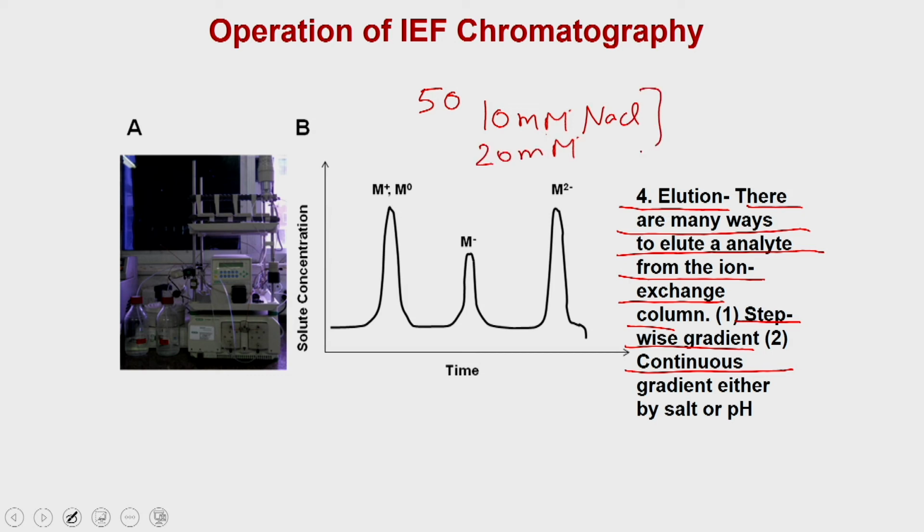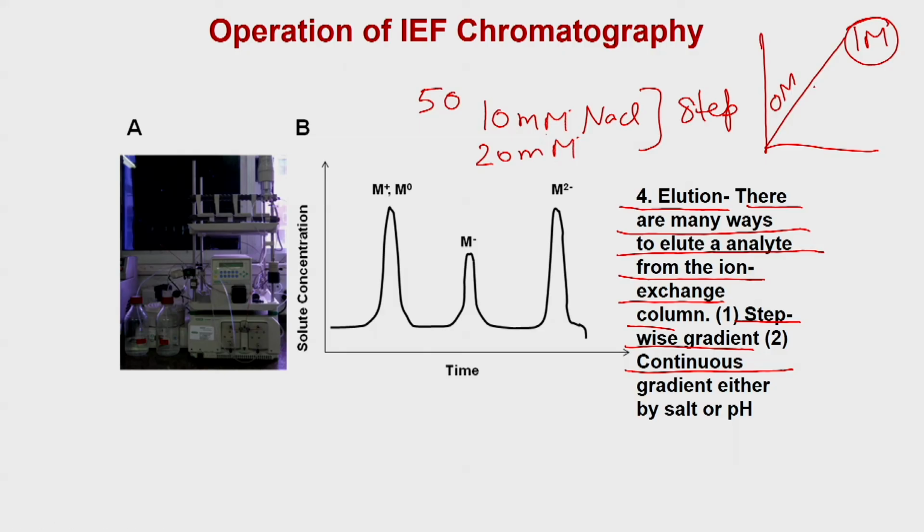Those are called step gradients, whereas in the linear gradient you make a gradient of NaCl starting from 0 molar to 1 molar. That is a linear gradient, and that will allow you to optimize at what NaCl concentration you can get the protein of your interest.